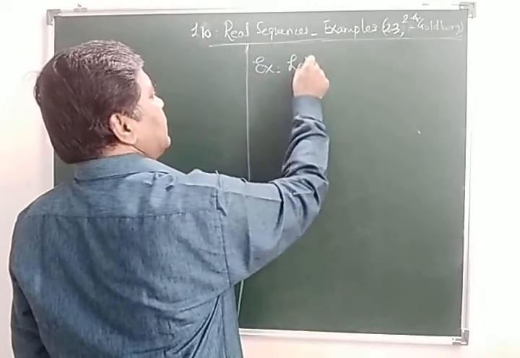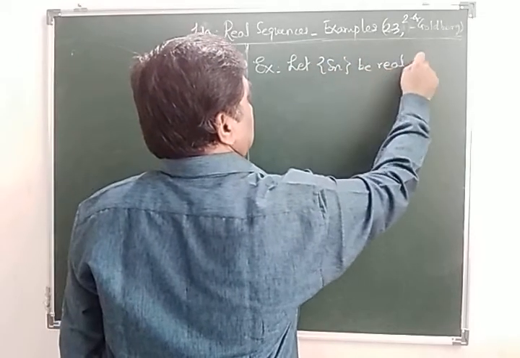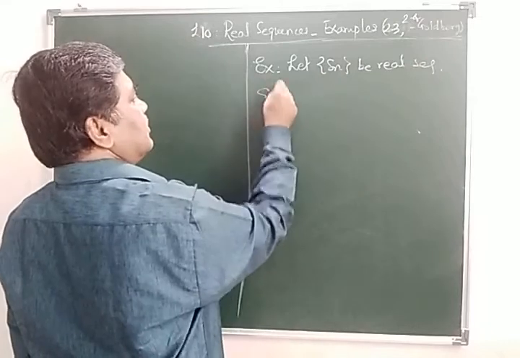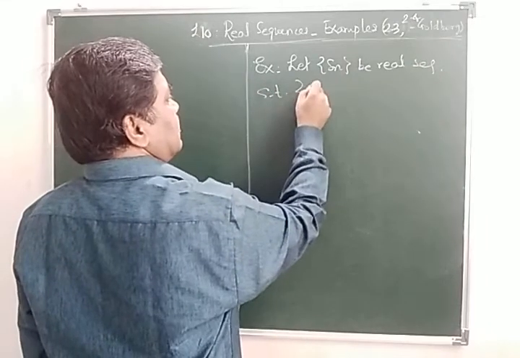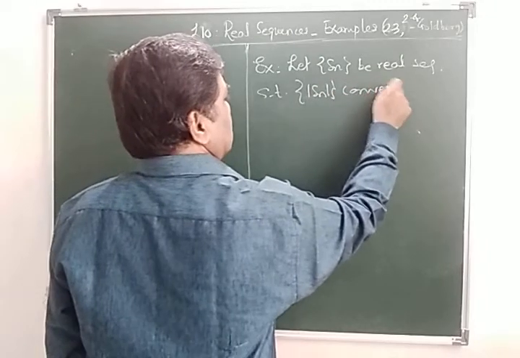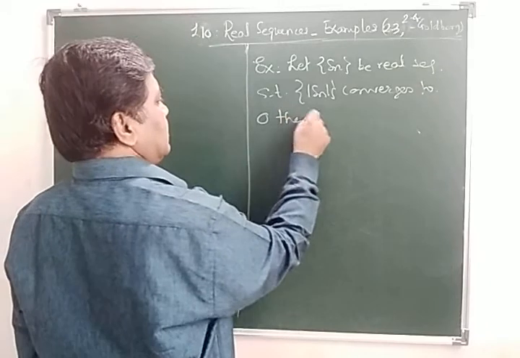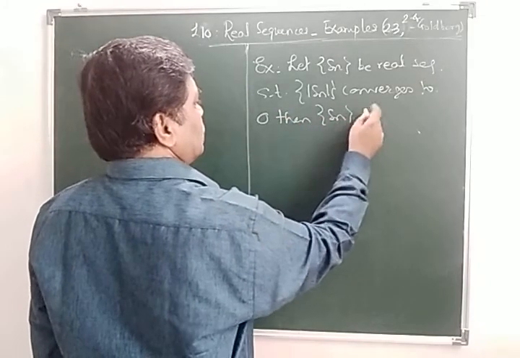Let Sn be a real sequence such that mod Sn converges to 0. Then Sn converges to 0.